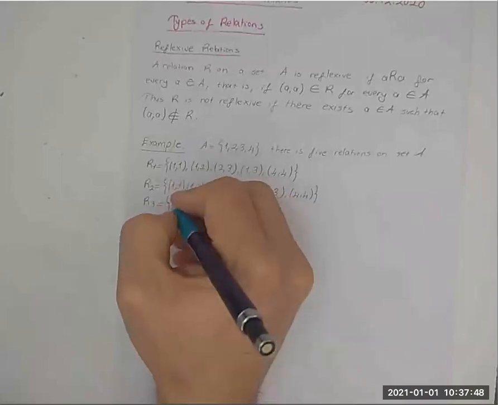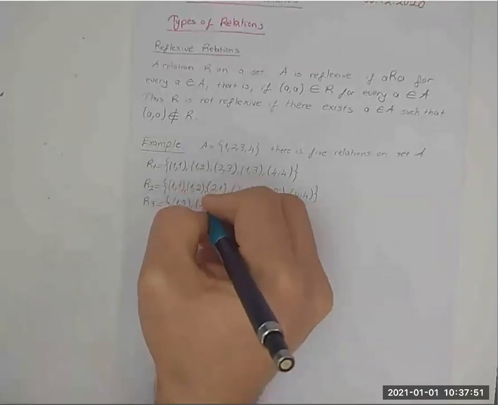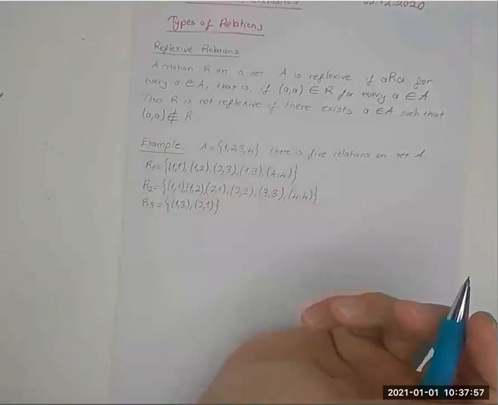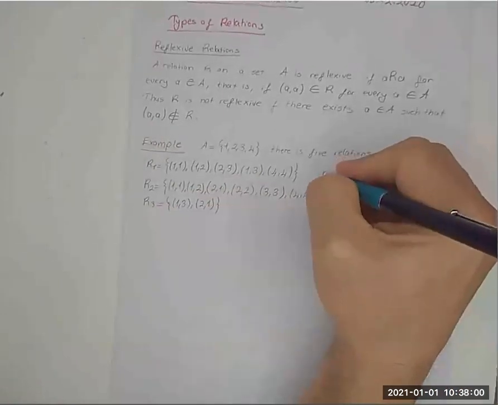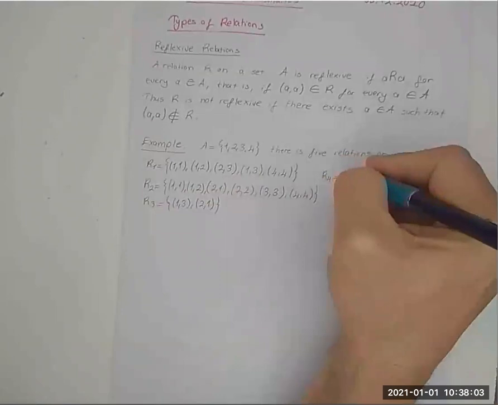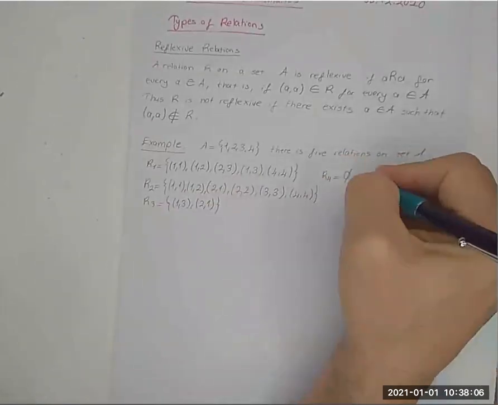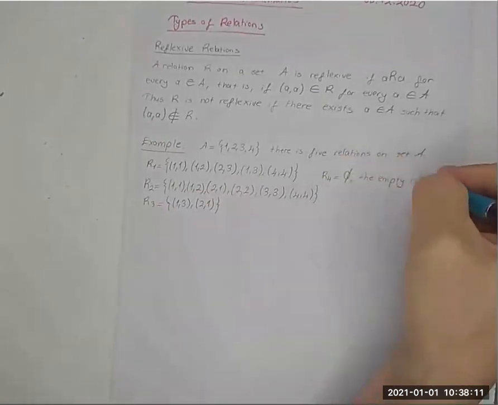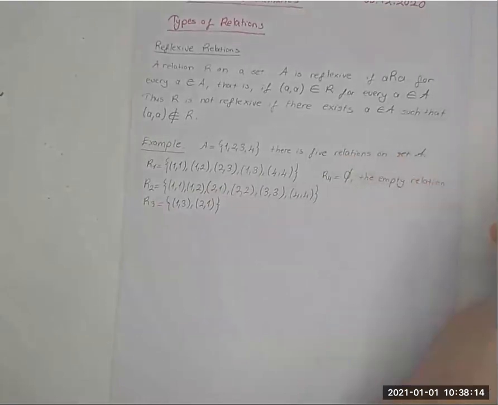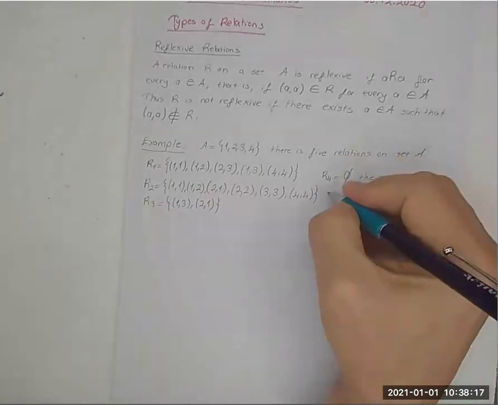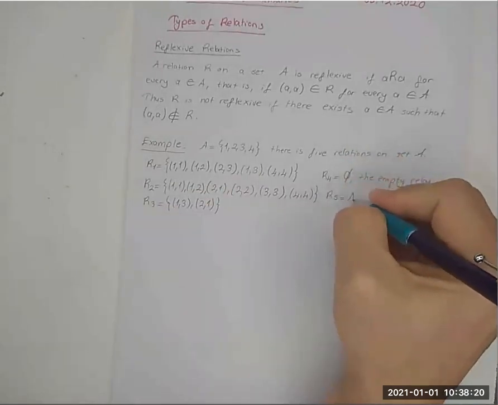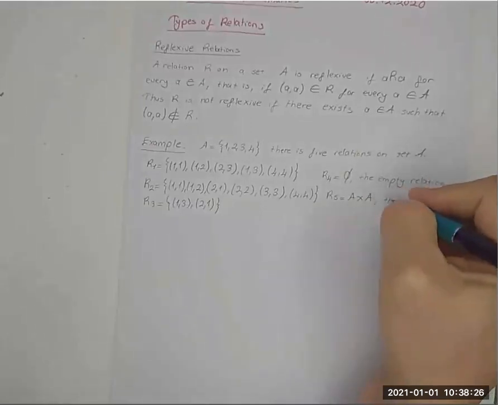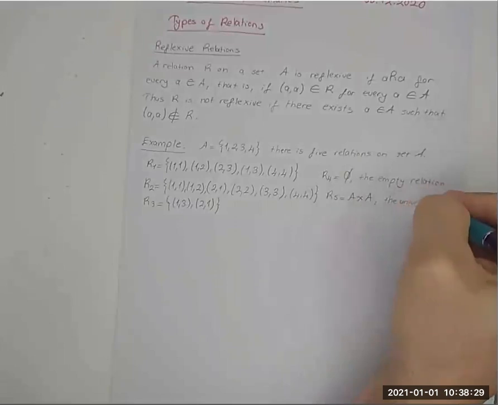And R3 is (1,3), (2,1), and R4, let's say R4 is the empty relation, and R5 is equal to A product A, the universal relation.